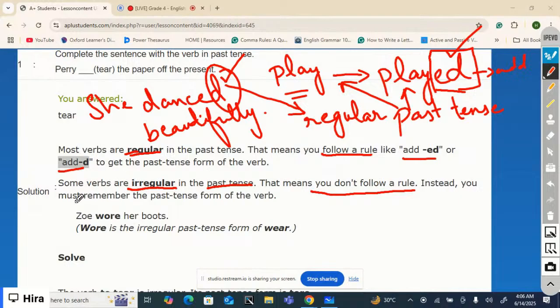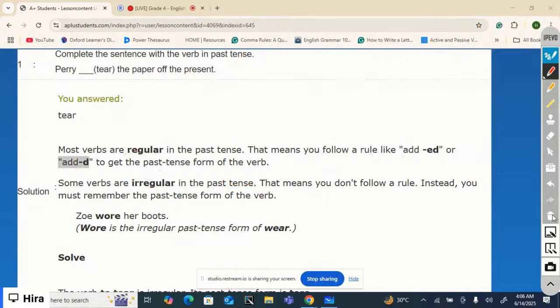Instead, you must remember the past tense form of the verbs. When the verbs are irregular, you have to remember the past tense form of the verb, and every irregular past tense is different. So we have to learn their forms. I hope you understand. Now let's move to the irregular past tense verbs.